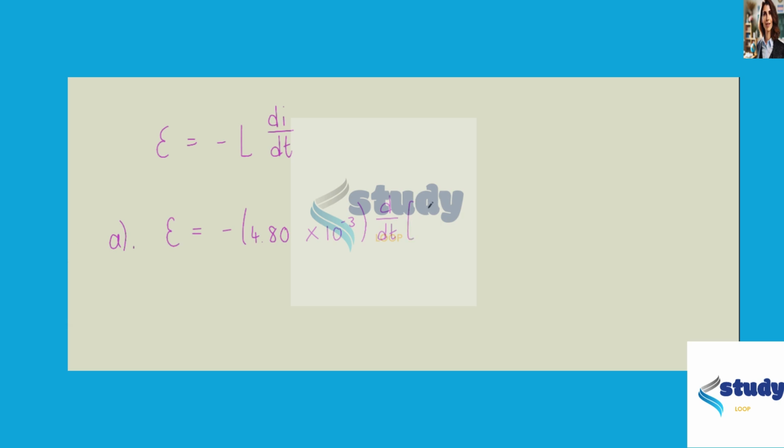So that's d/dt of the peak current, 0.68 amperes, times cos of pi times t divided by 0.025 seconds.